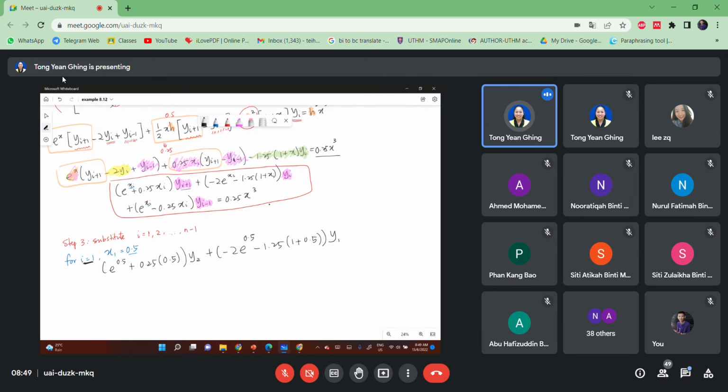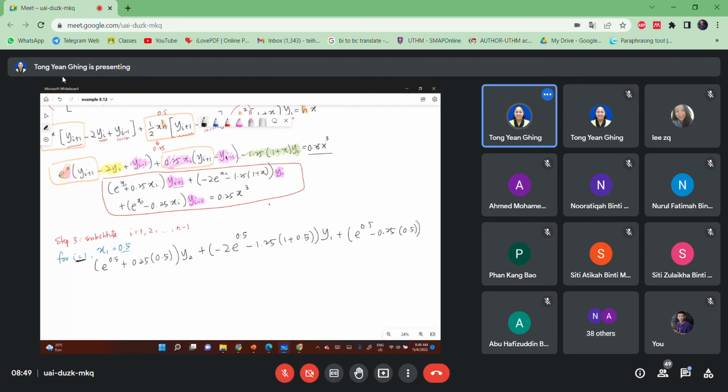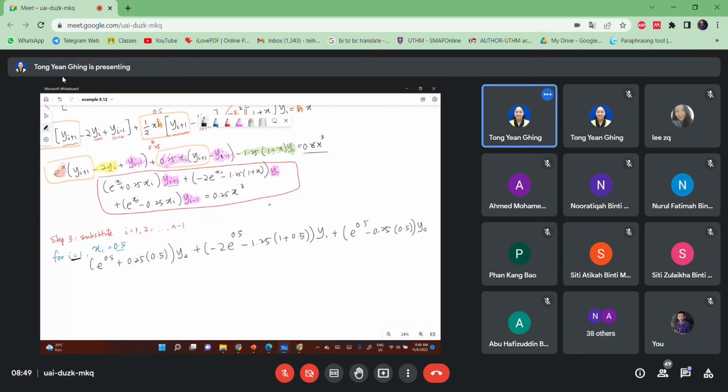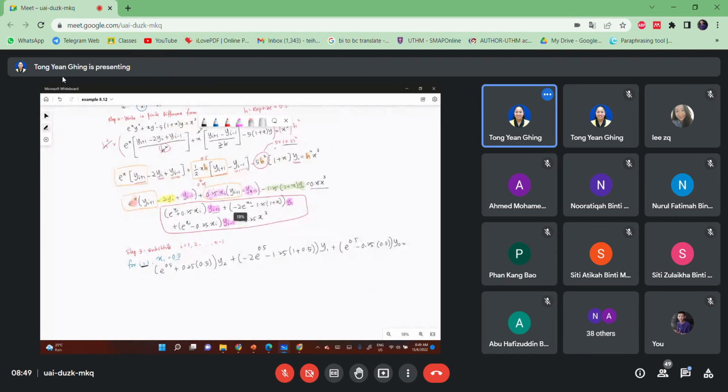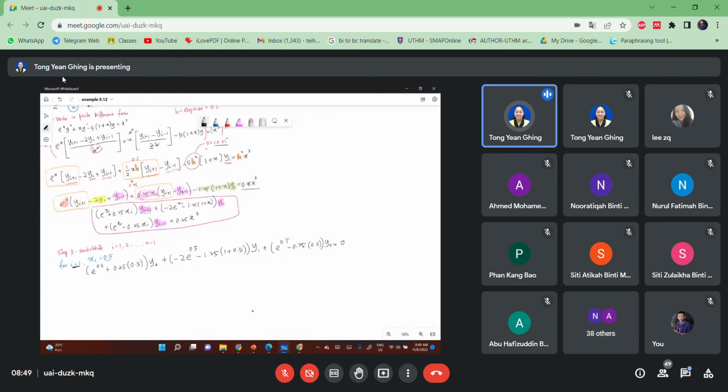And then continue plus e 0.5 minus 0.25 times with 0.5. So yang ni adalah y i minus 1. That's 1 minus 1, i not, y not. And then equal to, saya panjangkan lagi. Equal to this one 0.25 times with 0.5 power of 3.